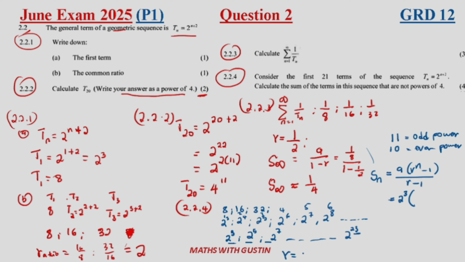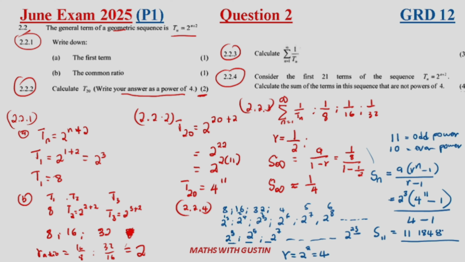Here the ratio will be 2 to the power of 2, which is basically 4. How many are not a power of 4? There are 11 with an odd power. So S to the power of 11 would have to be equal to, this is our sum right here, guys. This is what I'm getting on my calculator.